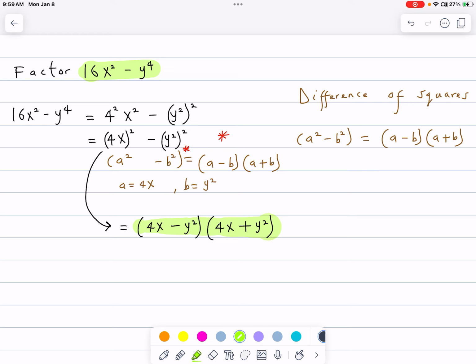The different method we use here is called the difference of squares. We rewrote the expression to look like the difference of squares, made a quick comparison, and got our solution. And that's it. Hope this helps. Thank you.